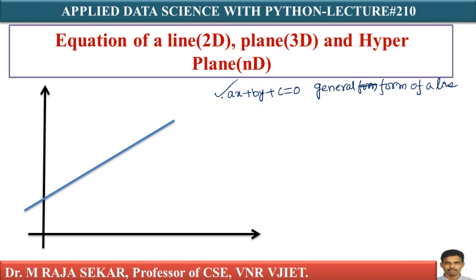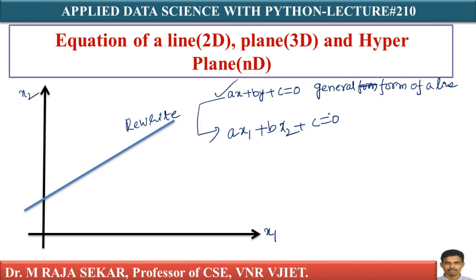If I assume this one is the x1 axis and this one is the x2 axis, I can rewrite it. In the place of x, I must write x1, and in the place of y, meaning the x2 axis, I must write bx2. So ax1 plus bx2 plus c equal to 0.